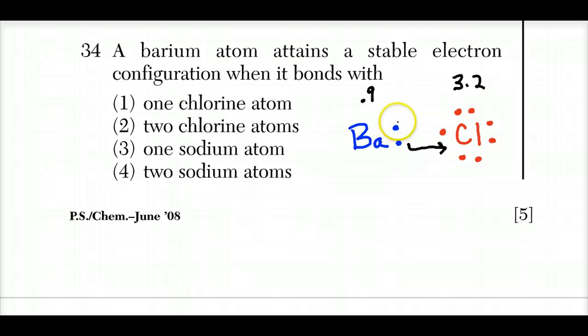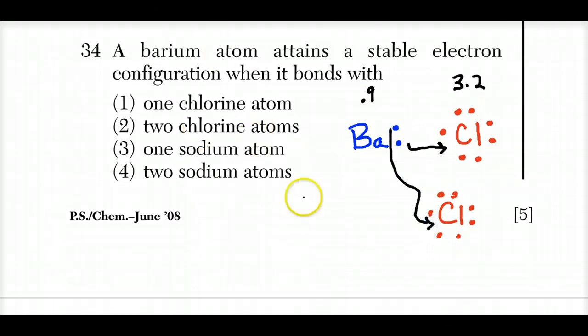And barium can't stay with 1 electron. It needs to lose 2. So the only way to do this, and you're right, you're going to need 2 chlorines. Another chlorine with 7 valence electrons is going to be necessary to pull the other electron away. And what you're going to get is barium with no valence electrons left because it lost 2.